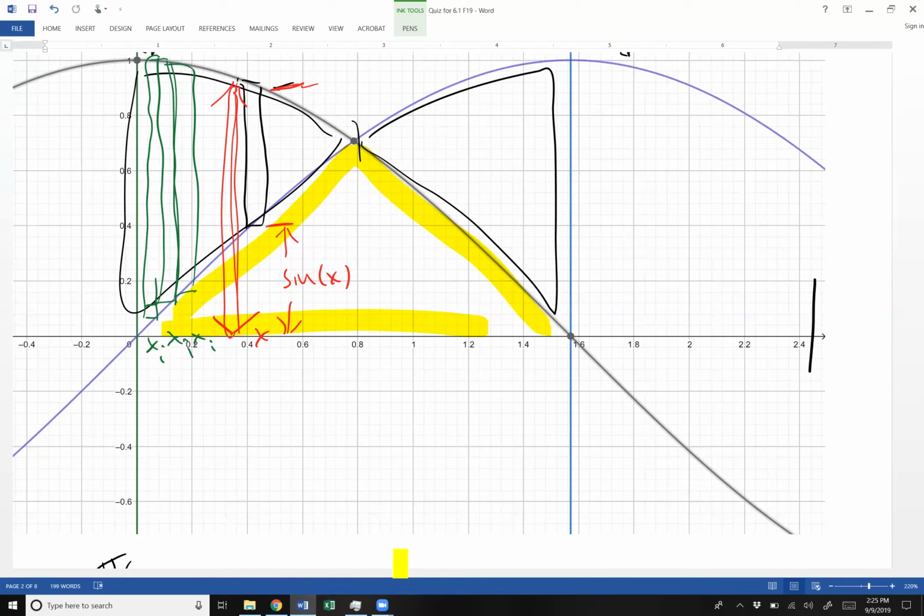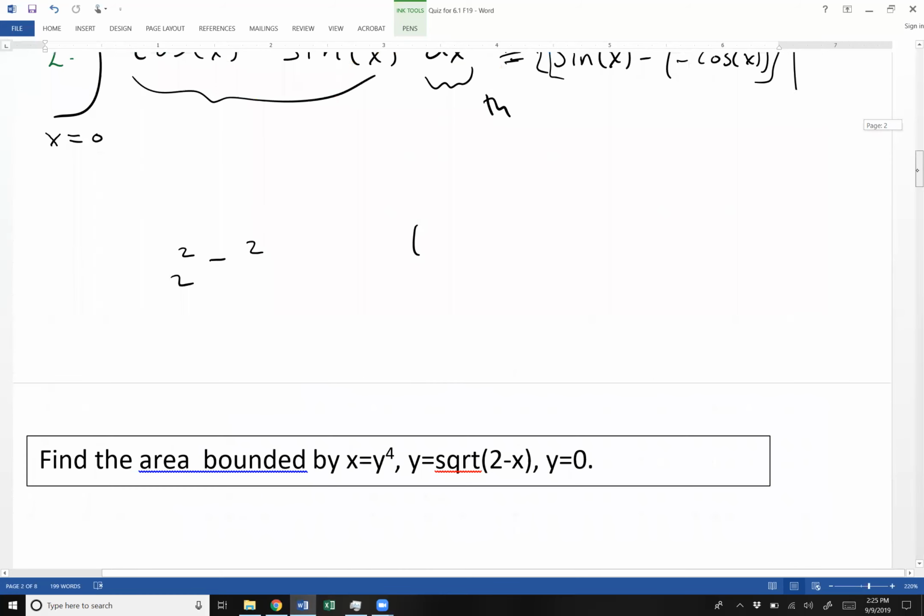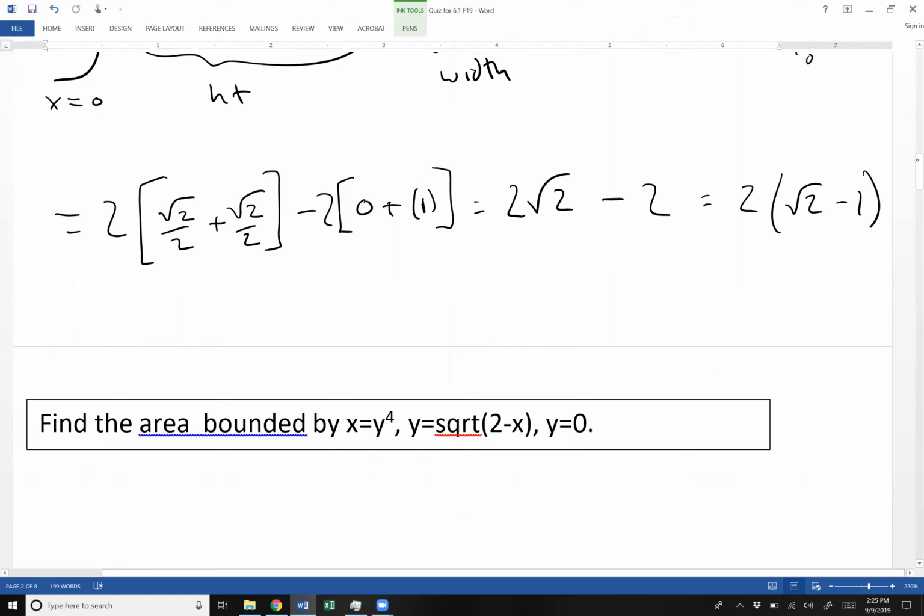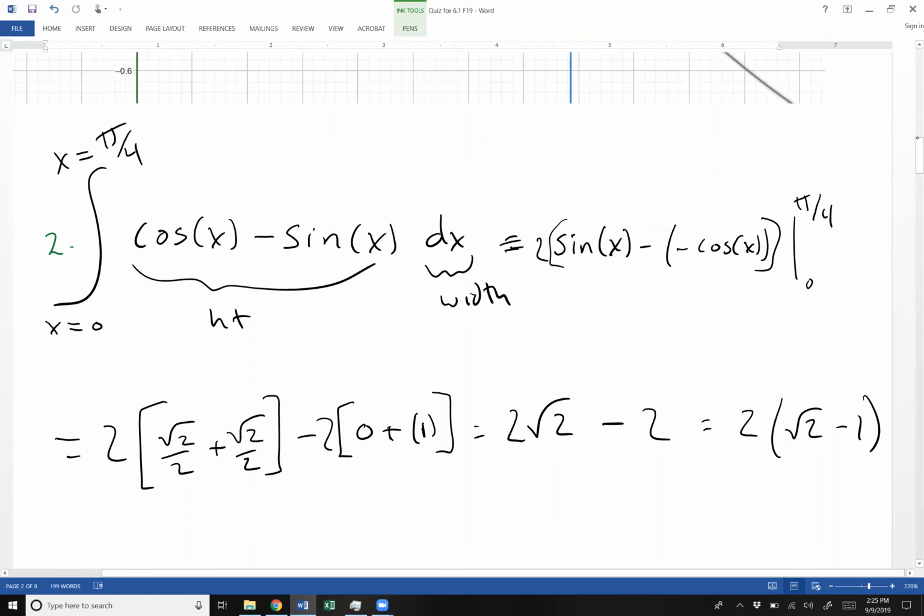When you're solving for the integral, I simplified my sine minus negative cosine to just sine plus cosine, but then it didn't work here. Right, you simplified. So when you're evaluating your integral and doing antiderivatives, you have 2 times sine of x minus negative cosine of x.